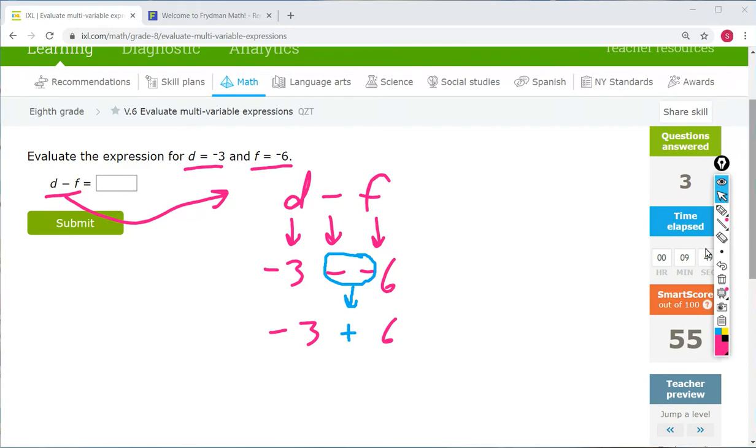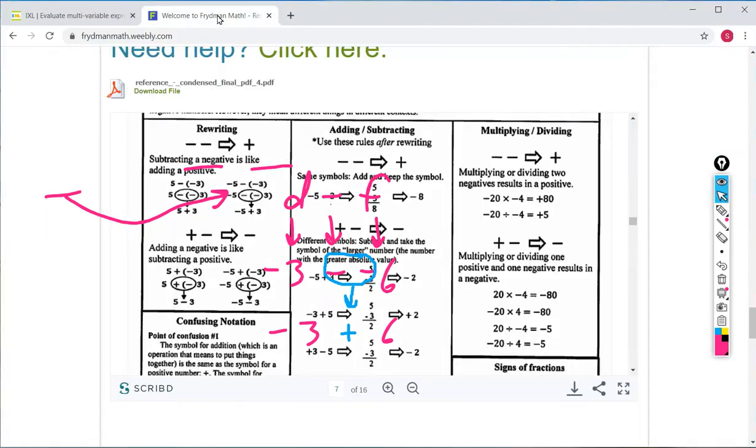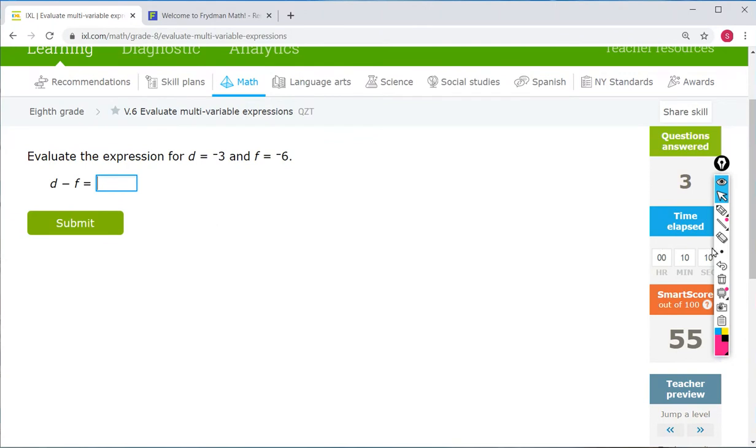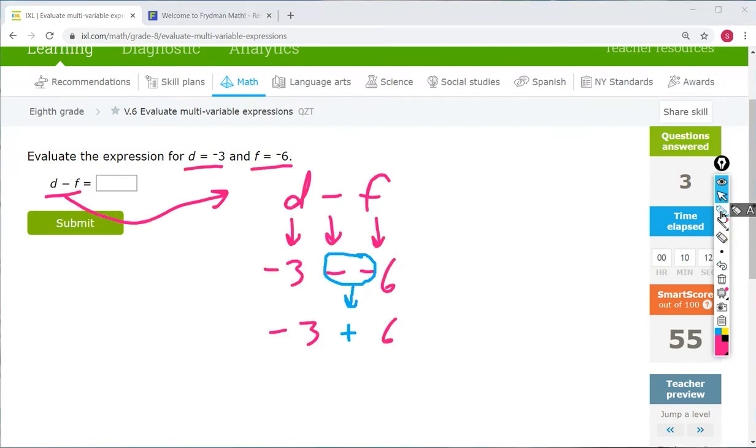Well, we'll do it a couple of different ways. We have here different symbols, right? So what we need to do is subtract and keep the symbol of the larger number. So over here, we are going to subtract. Always put the bigger number on top.